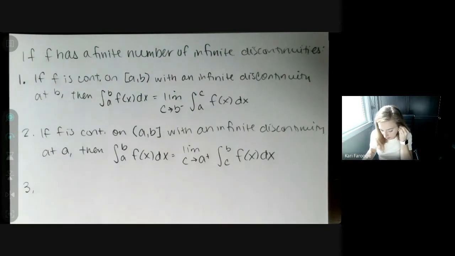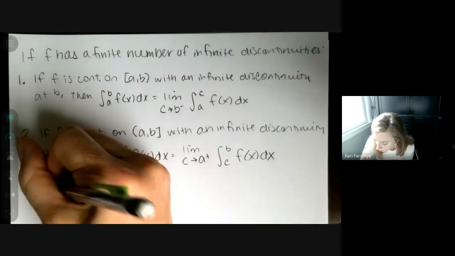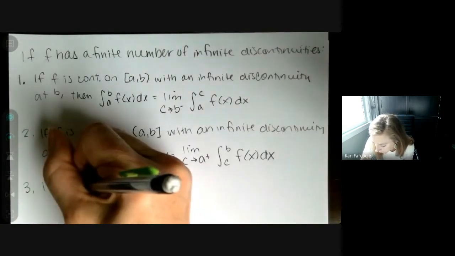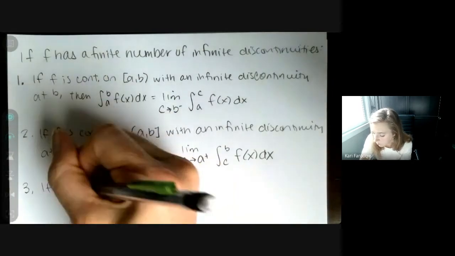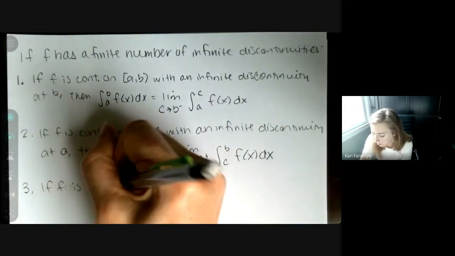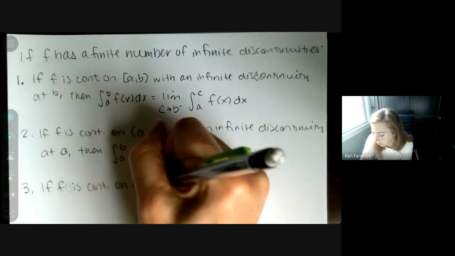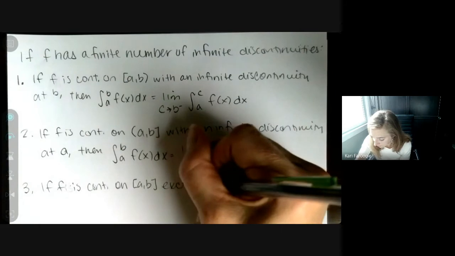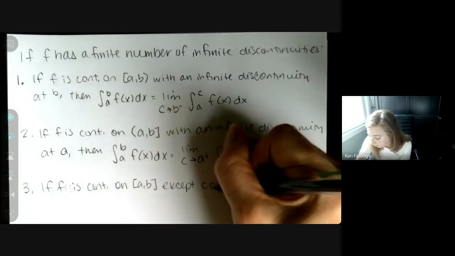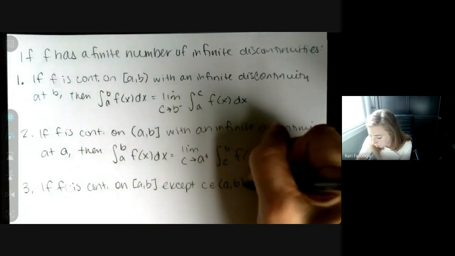So this would be f is continuous on the closed interval from a to b, except c.